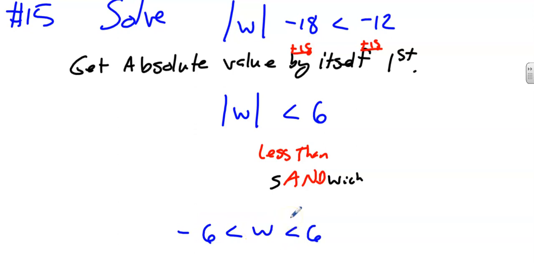For this one, there was nothing else with the W. There were no plus 2s or minus 5s or multiplied by 3 or anything else. So once you separate it out, the W is by itself in the middle. That would be your final answer. So, a few absolute value equations, then we're moving on.